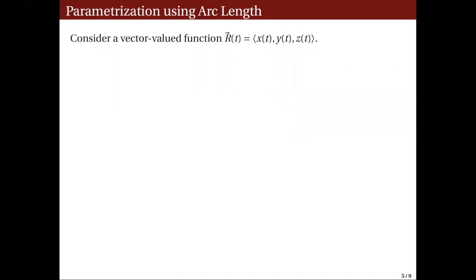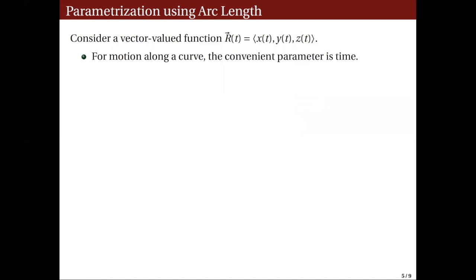But in some cases, in particular, for motions along a curve, the convenient parameter we use is the time parameter, meaning I am letting t be a time value and r of t the position vector.